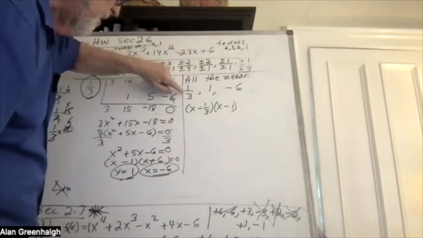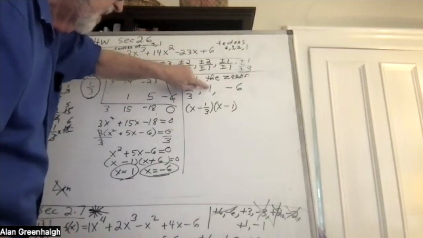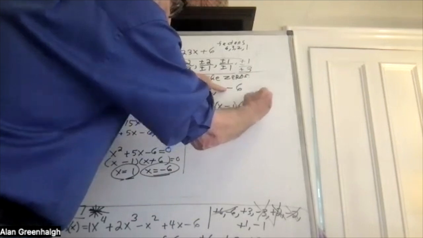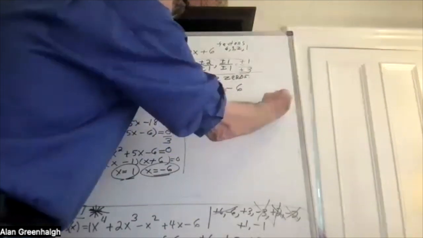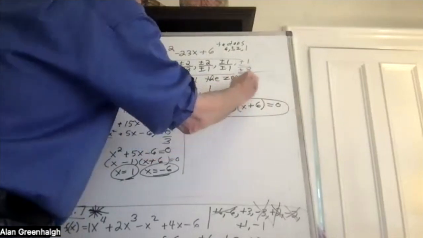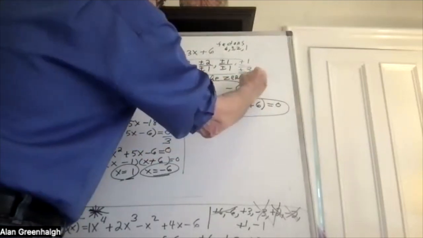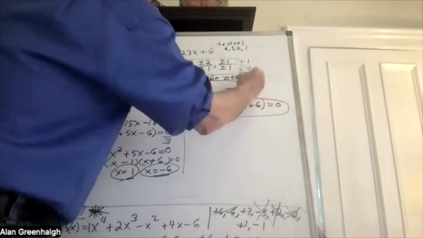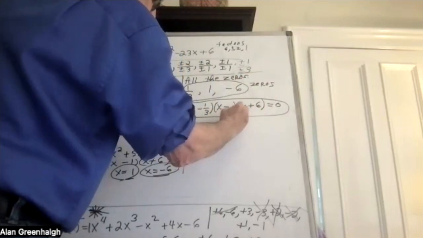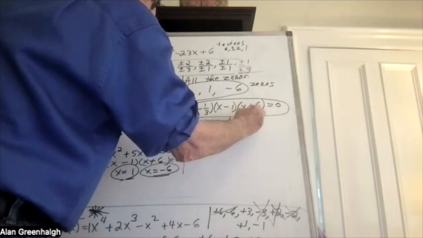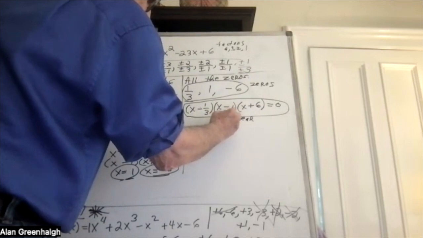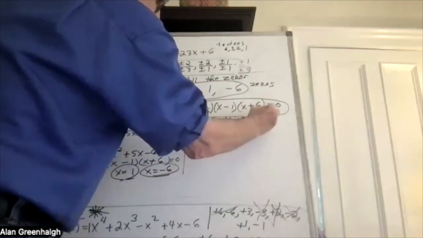So this is positive, this is negative. There it is. These are the zeros, and this is the linear factorization. The complete linear factorization, that's what they call it, right?